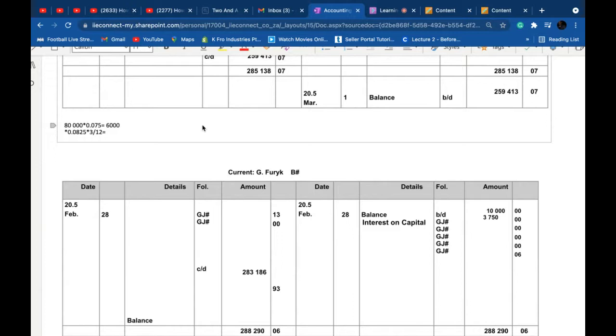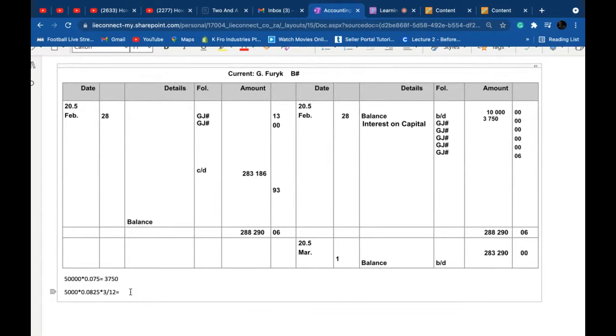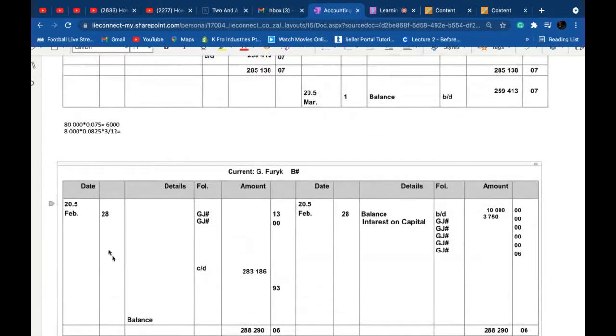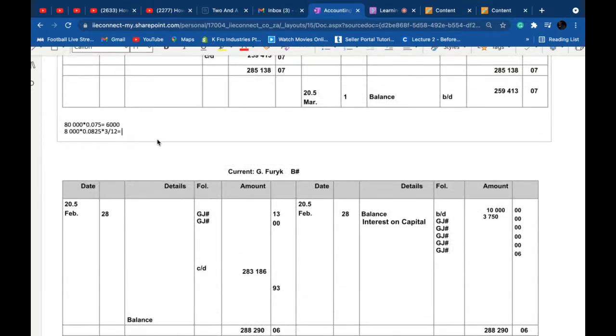Their drawings was how much? 8,000. So what's the interest on drawings? 103 rand. And for Unashi, what do we have? 165.